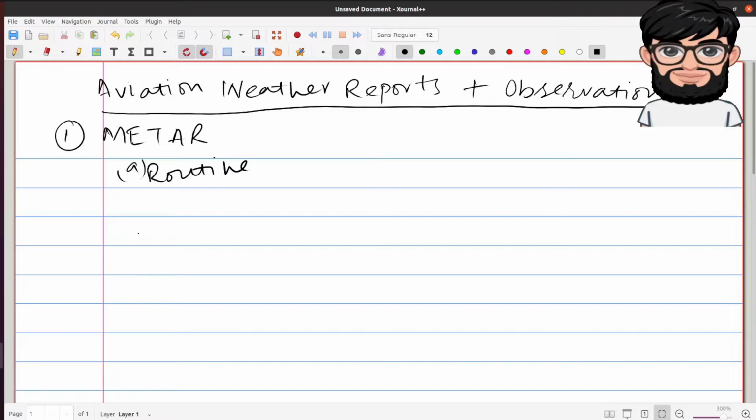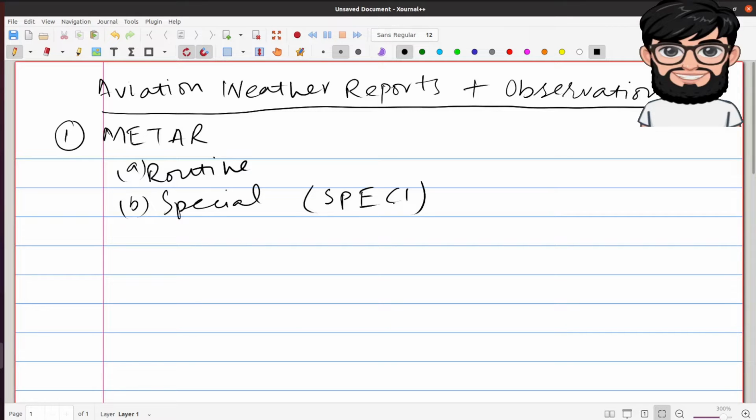The other one is the special. The proper name is the aviation selected special weather report. And when you see the METAR, you will see this wording, SPECI, indicating that this is a special one.